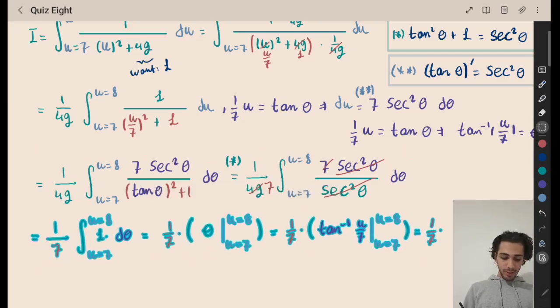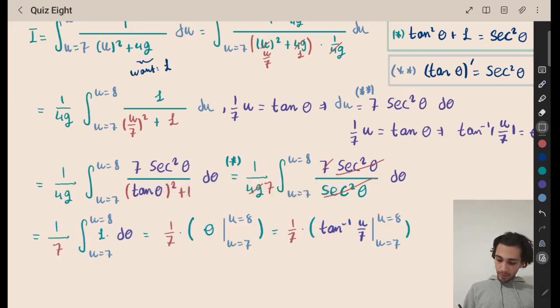I'll put it on the side. So I have some space here. I can just write the final answer. So I get 1 over 7 times tan inverse of 8 over 7 minus tan inverse of 7 over 7.